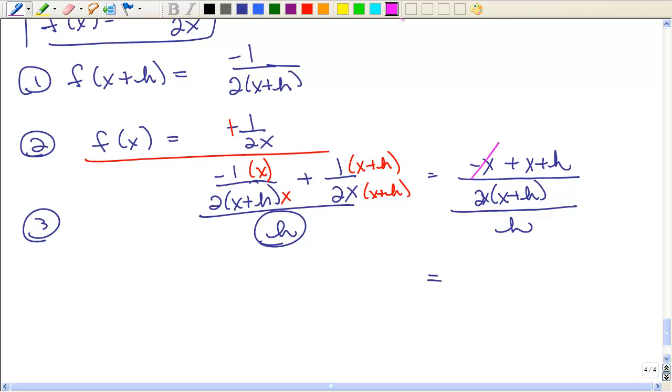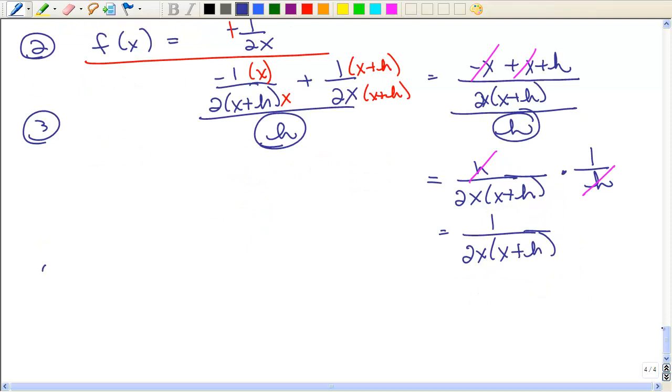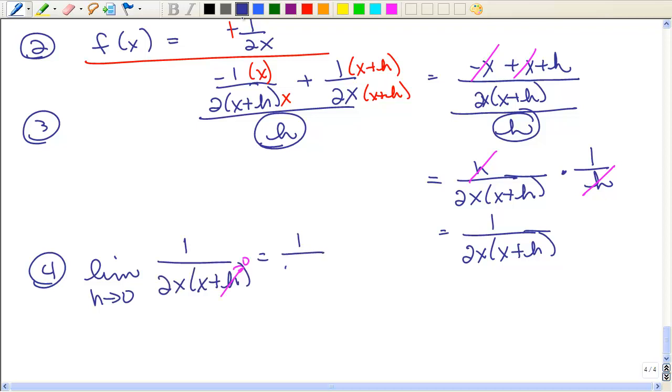Collecting like terms, I get this. Now, how do you divide by h? That would be the same as multiplying by its reciprocal. Now you can see how convenient that would be. And then the last step, I'm going to take the limit as h approaches 0. I have 1 over 2x times x, which is 1 over 2x squared. Now that is the slope of the tangent line, or in other words, that is the derivative.